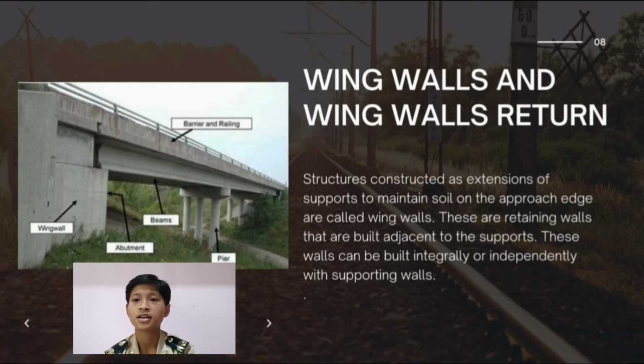These walls can be built integrally or independently with the supporting walls. The stability of wing walls is mainly based on their resistance to active earth pressure. The structural elements of the bridge are designed and constructed to withstand earth pressure at rest.